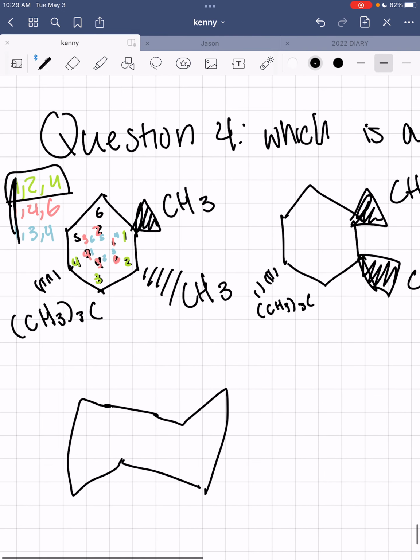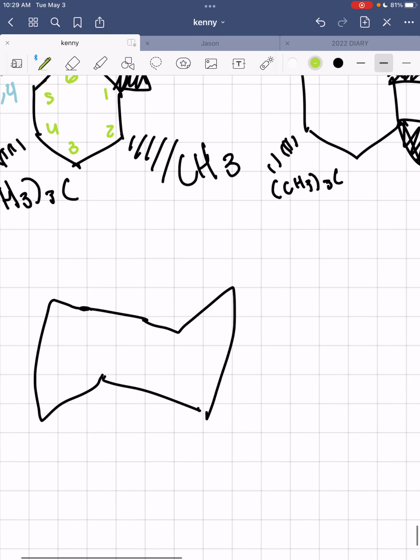So let me just erase all these in the middle. It was this: 1, 2, 3, 4, 5, 6, and then we can put that onto our chair. So 1, 2, 3, 4, 5, 6, and then start filling out the chair.